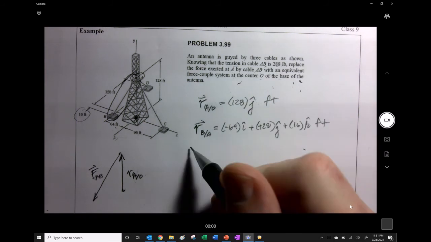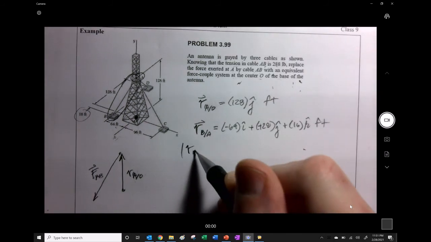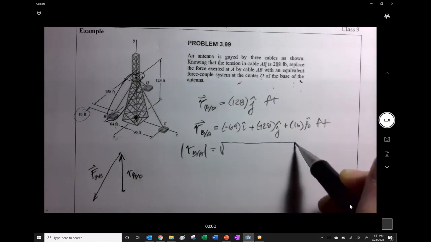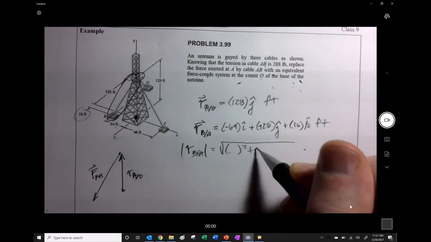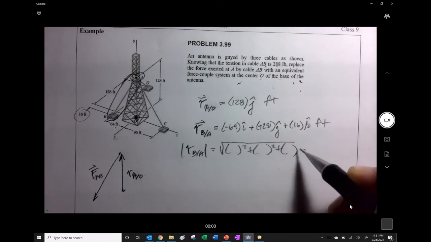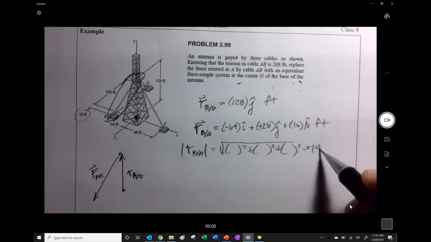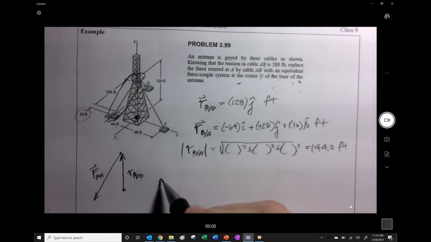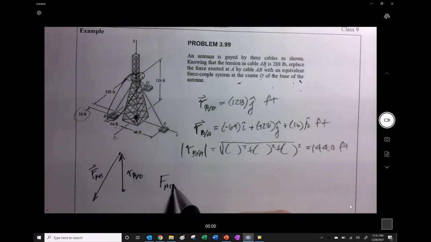These are all feet. So we want to get the magnitude of this. And I got lazy, and I wrote that it was 144 feet. So the FAB that we want to get right here, we know how to do this.